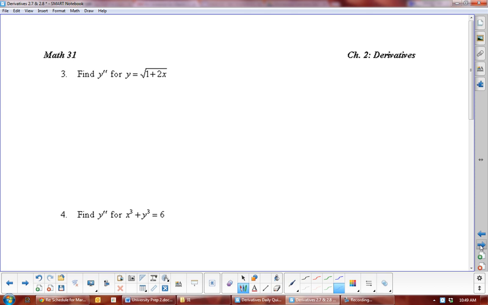Find the second derivative of this one. What's going on in this one that we're going to need to do different than the other two? What rule? The chain rule, because this is 1 plus 2x to the half.